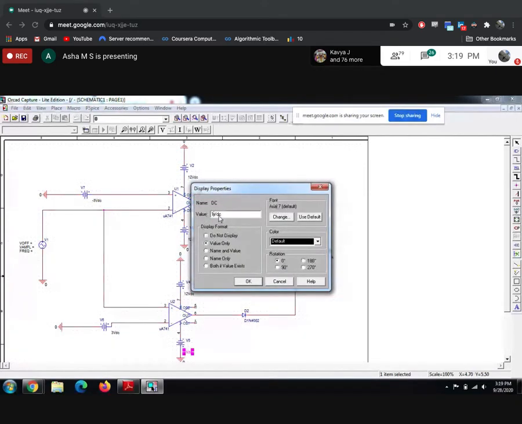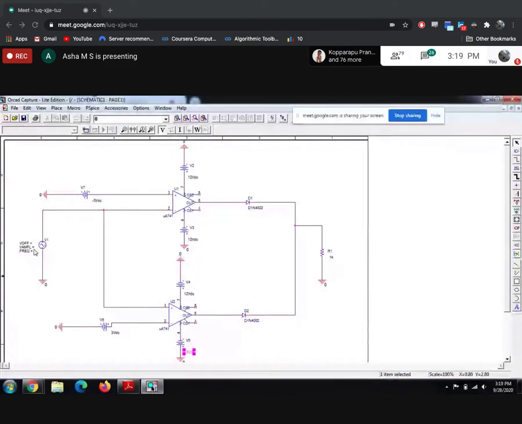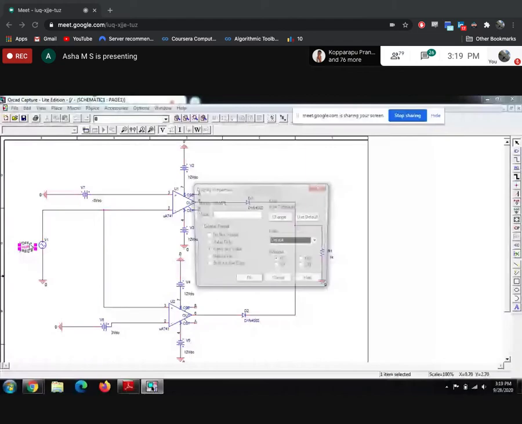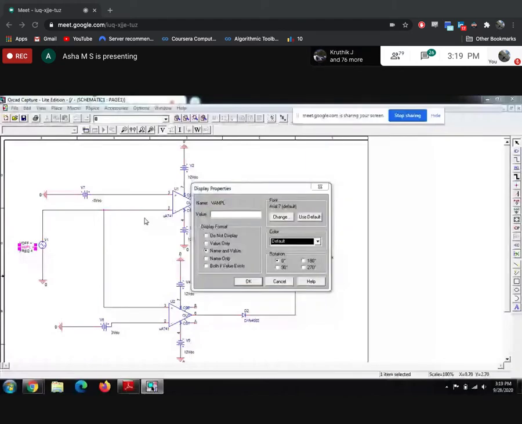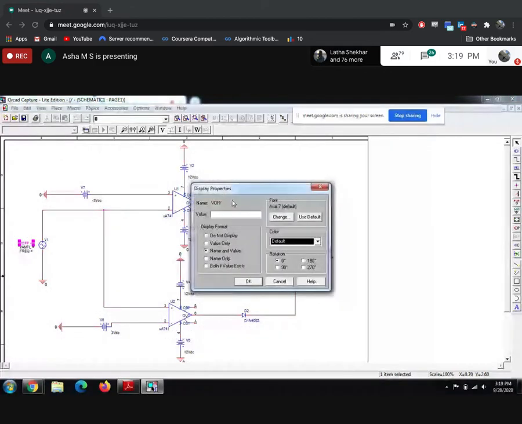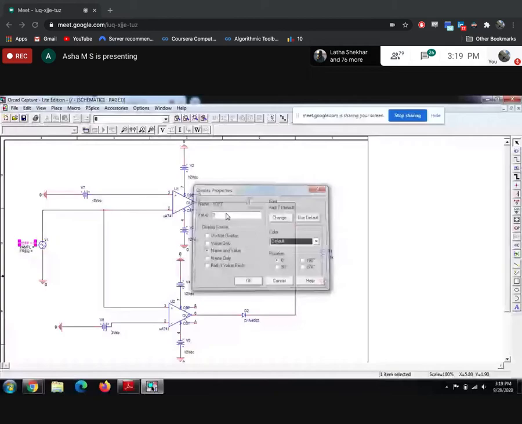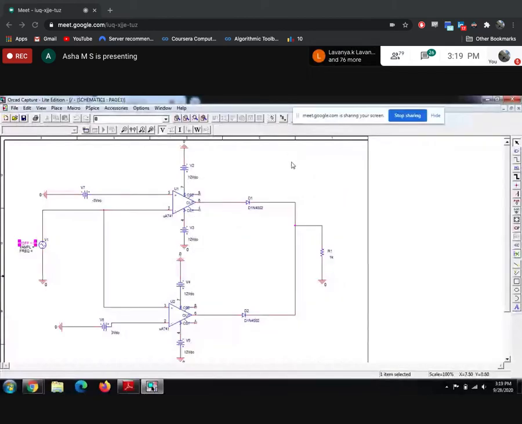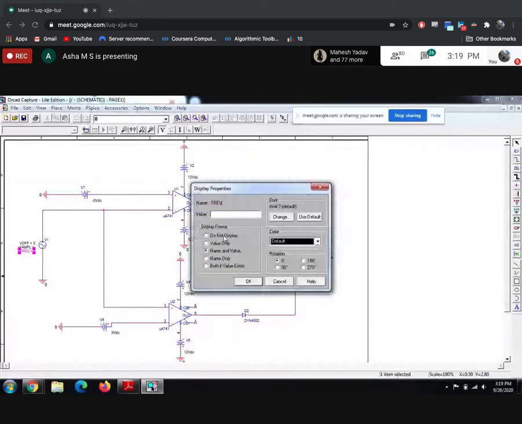Then what else do we need to change? The signal generator. 3 values are there, and we need to set all 3. V offset is set to 0. Why 0? If the offset value is 0, the waveform will start from the origin.